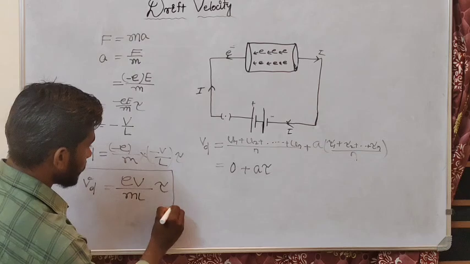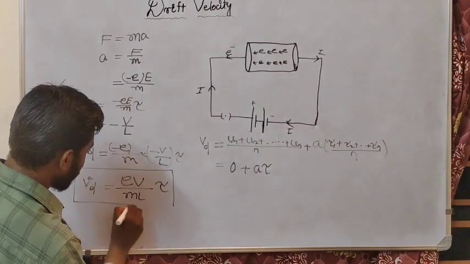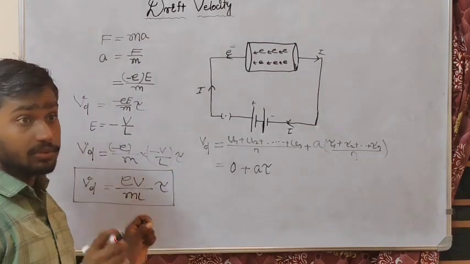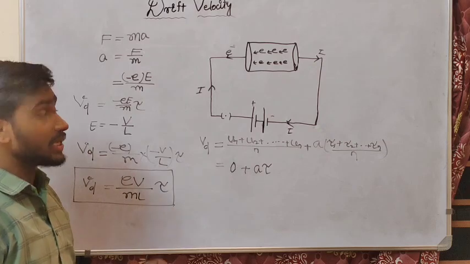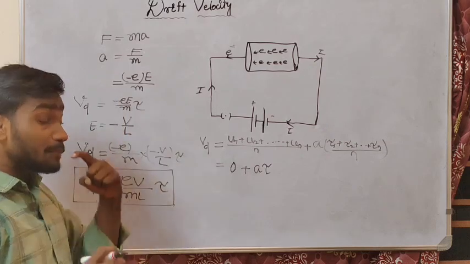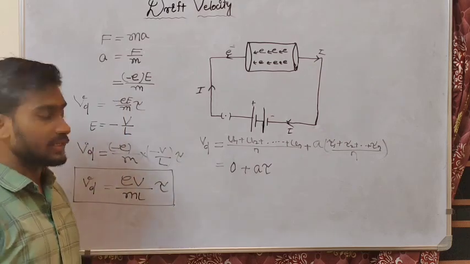This is our drift velocity of a free electron inside a conductor after applying the electric field.